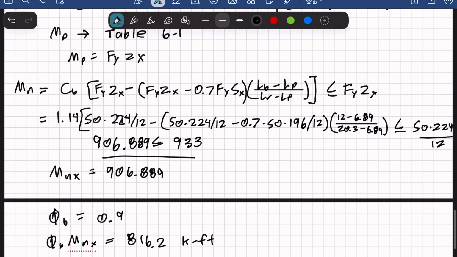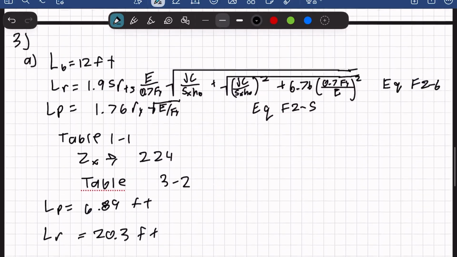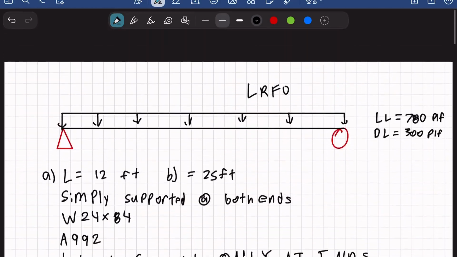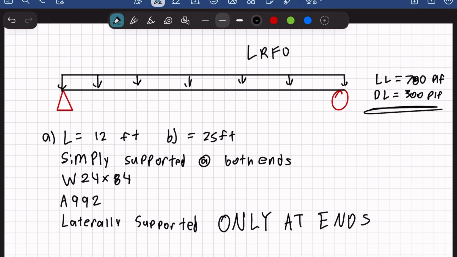Okay? So now we're done with part A for the most part. But what we still have to do is analyze and break down these loads. Case 2 is going to govern: 1.2 dead plus 1.6 live. We're going to convert these into kips per linear foot instead of pounds per linear foot.